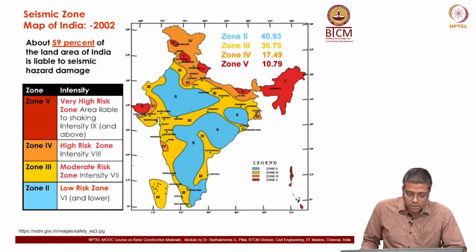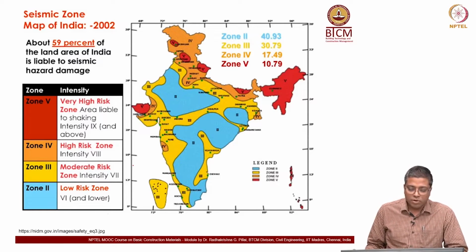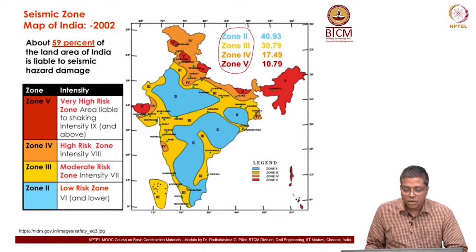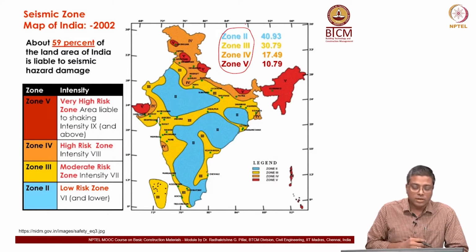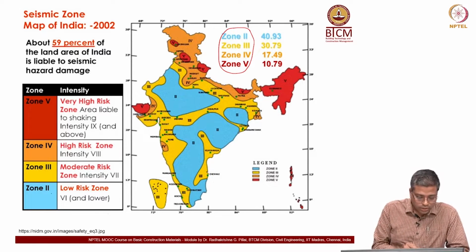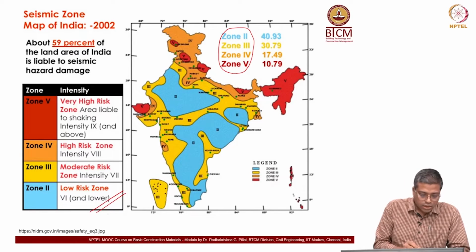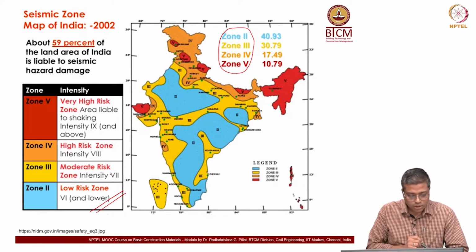Now, let us look at this seismic map of India, where India is divided into 4 zones, each having a different risk level. Looking at zone 2, which is blue color, you can see that it is a low risk zone. Then zone 3, which is a moderate risk zone, yellow color.